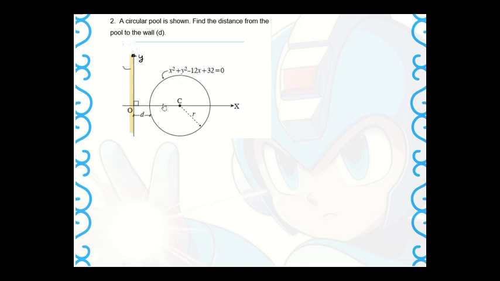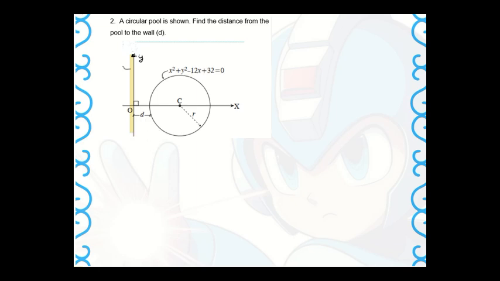In order to find the distance, it's necessary to know the coordinates of the center of the circumference and also the radius. Because if we know the coordinates and the radius, we may know the distance.